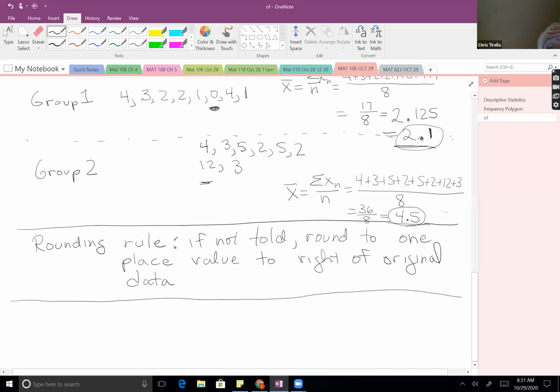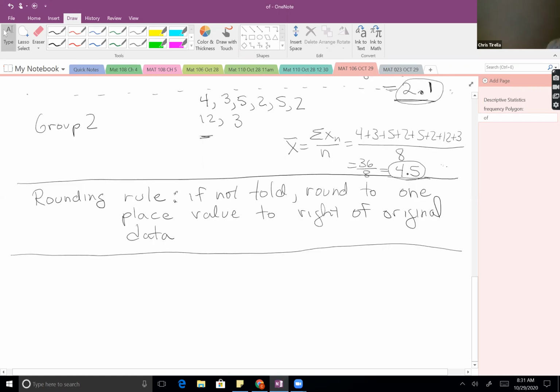And I think what made the averages so different was just those single values. And so that gives us the idea that we say the mean is not resistant.